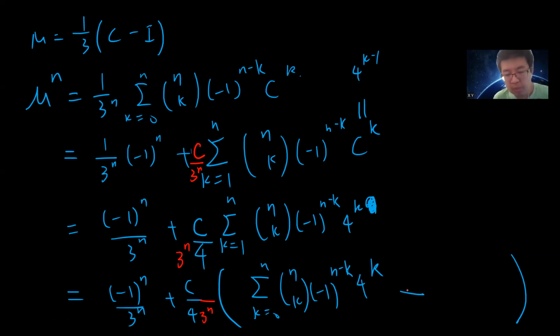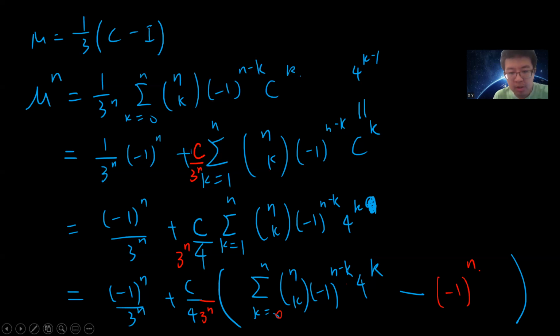When I subtract this, I need to take out the k equals 0 term. The k equals 0 term is just 1, so I get (-1) to the n.